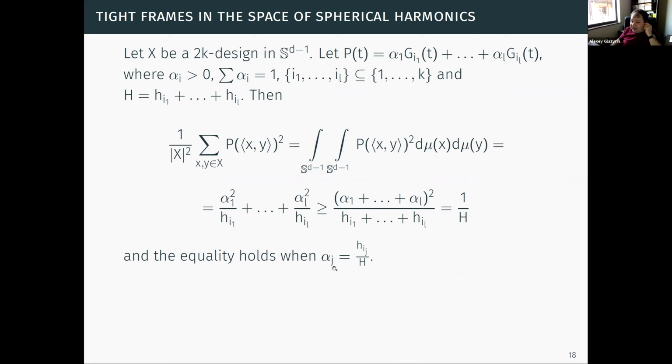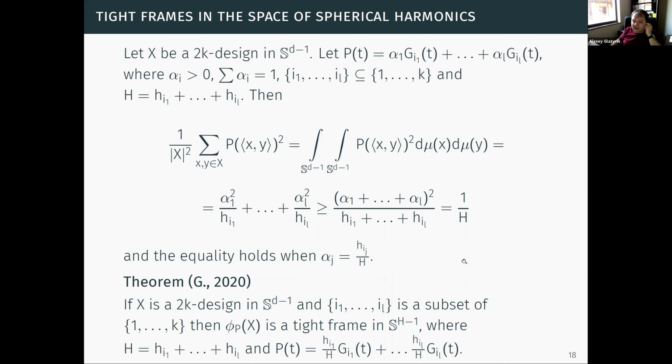It means that alphas must be necessarily the dimensions h over the total dimension of the set we get at the end. So the answer is yes, you can get tight frames this way, but the coefficients are essentially prescribed. You don't have a choice in the coefficients. They're defined by the degrees. And this is the theorem that you can get this way.